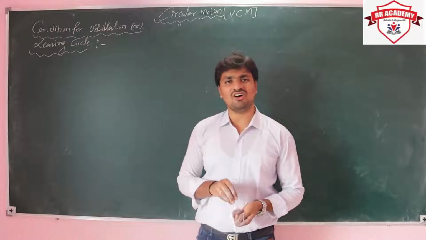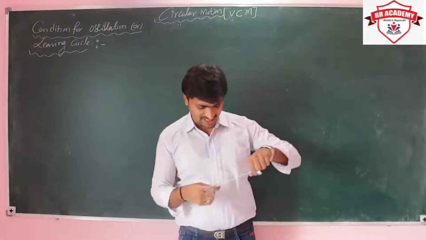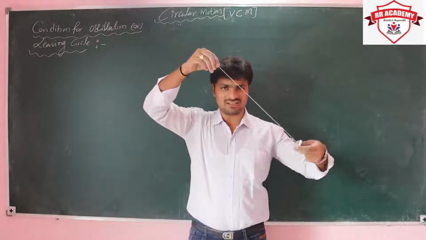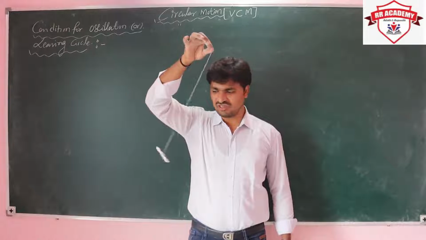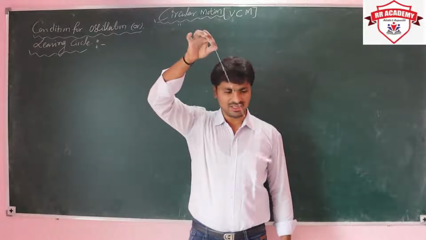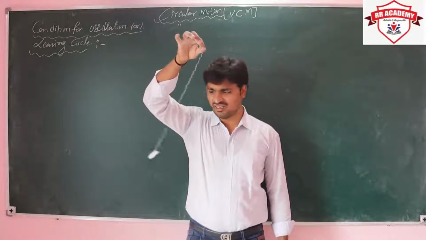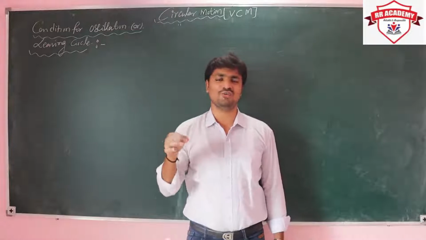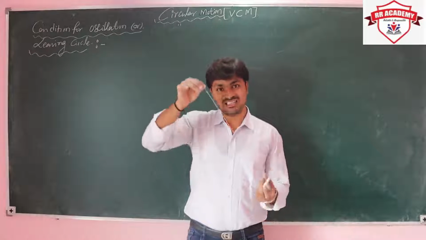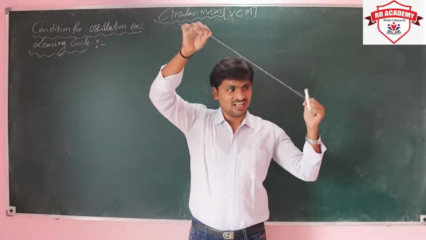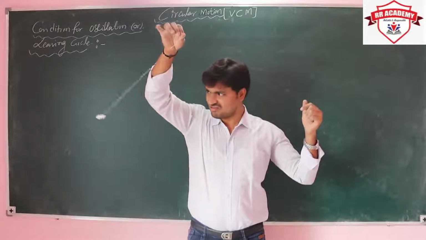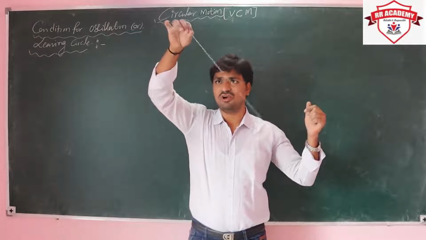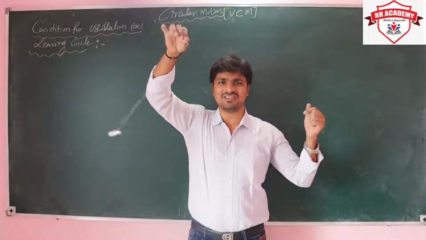So when it is oscillating, in the oscillation condition you can observe the string does not become loose. The tension in the string is not 0, but the velocity, meaning the speed, is 0. In oscillation the string is not loose; only when the string is loose is the tension 0.